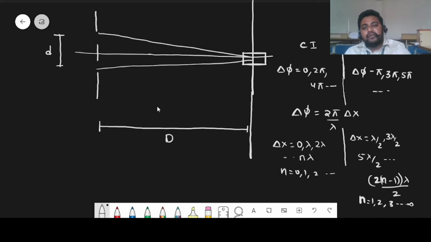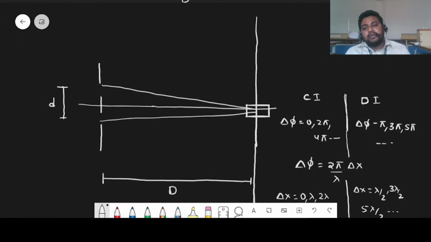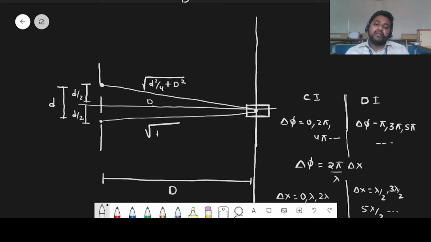Now if you observe, these two waves are actually meeting at this particular point. The distance from here to here can be written as d by 2, and the distance from here to here is also d by 2. We know this is capital D. So this distance can be written as under root of d square by 4 plus D square, and the same distance, this can be written as under root of d square by 4 plus D square.